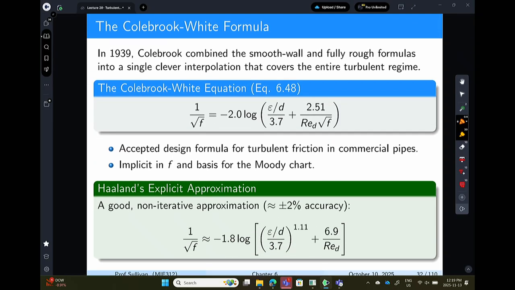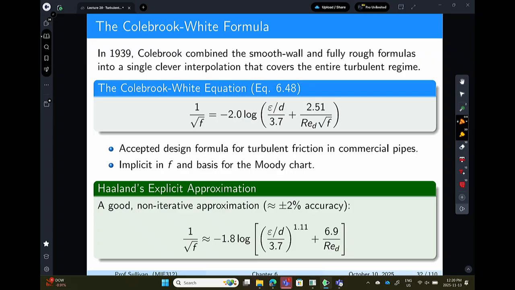Now I haven't checked, so I'm going to say that the Colebrook equation is in the book. If you want to solve for this, you can take the Colebrook-White equation, and you get 1 over square root f equals minus 2 log of epsilon over d over 3.7 plus 2.51 over Reynolds number based on diameter times square root f.